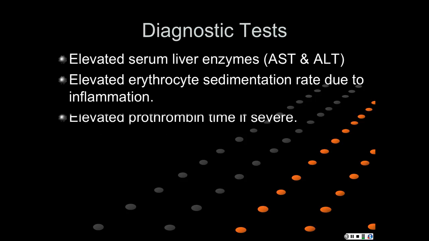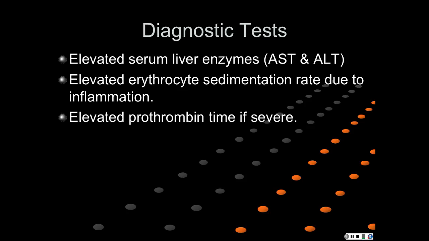Diagnostic tests include liver enzymes, which are elevated, and these are AST and ALT. Most of the time, these have long names. You will just see them as serum liver enzymes, right? So if you have a patient who has liver disease, usually a physician will order serum liver enzymes.